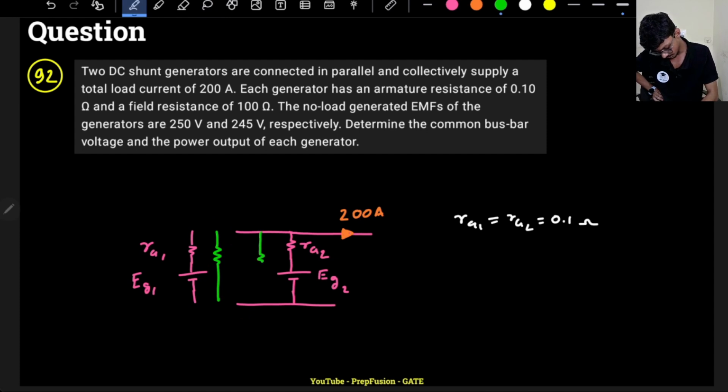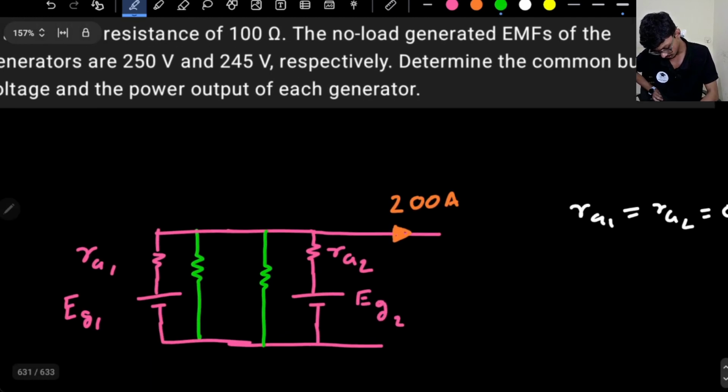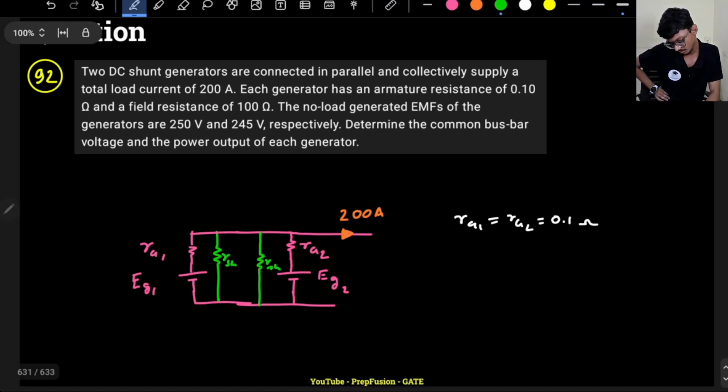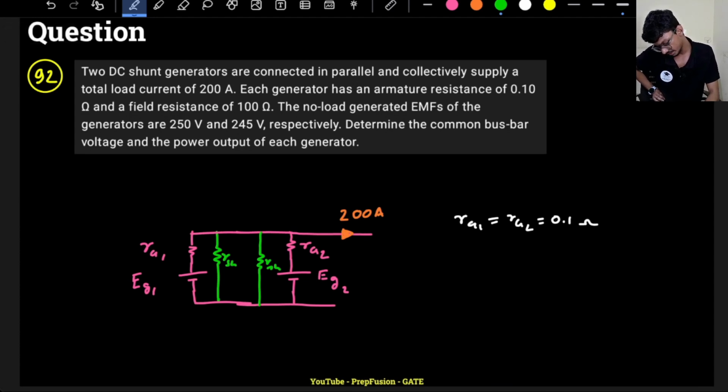The field resistance will be in parallel here and here. So this is RSH, RSH. The no load EMF generated is 250 and 245 respectively.